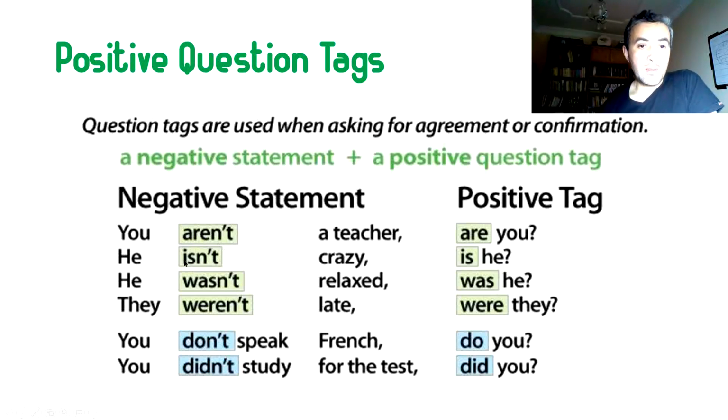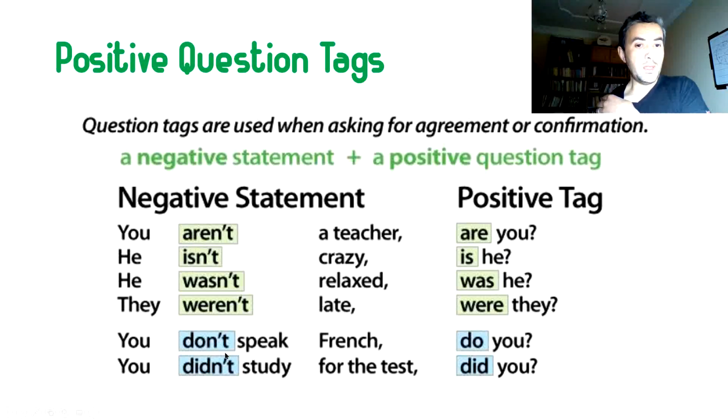In these sentences, we have just the verb to be. Let's see if we have another verb: speak, study, learn, sing, watch, etc. To form negative statements in the simple present, we use don't or doesn't.